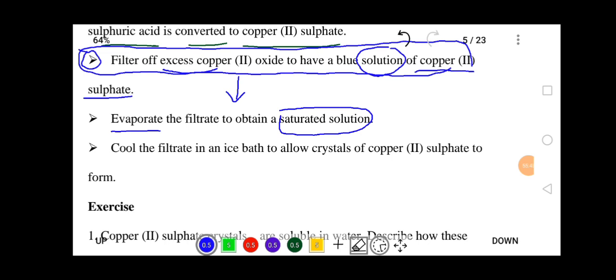So when you prepare your saturated solution, you need to cool, because when you are cooling now, the particles will be coming together to each other. So you cool the filtrate in the ice bath to allow the crystals of copper 2 sulfate to be formed.